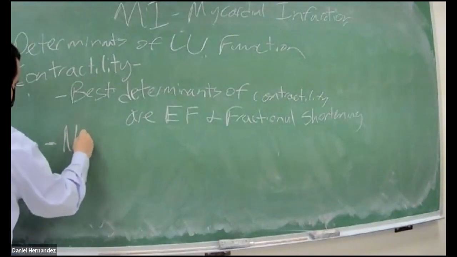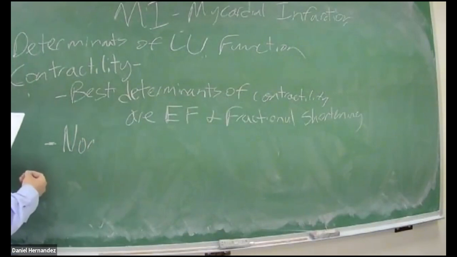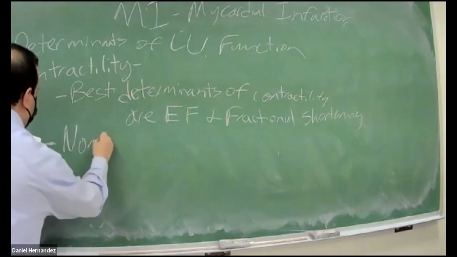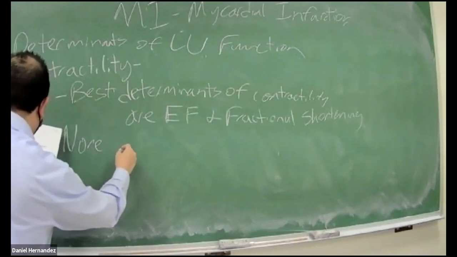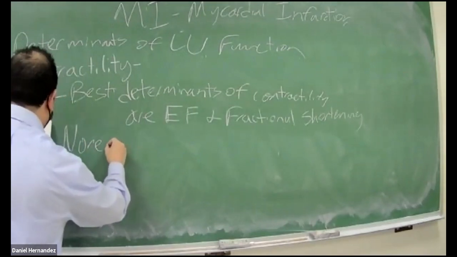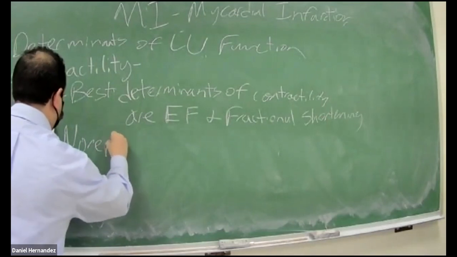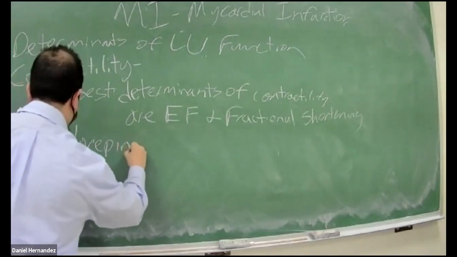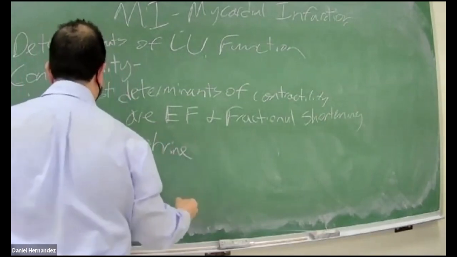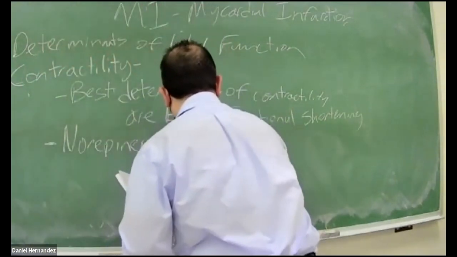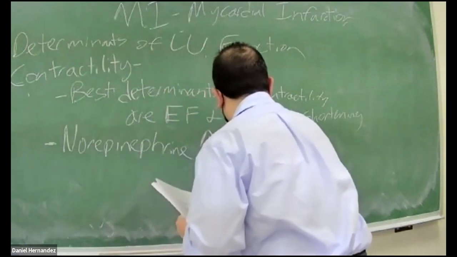So medication like norepinephrine or epinephrine increases contractility. Norepinephrine increases contractility.